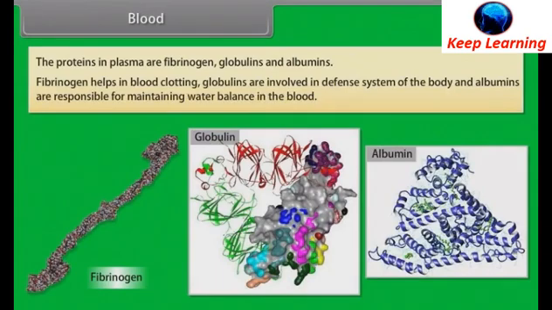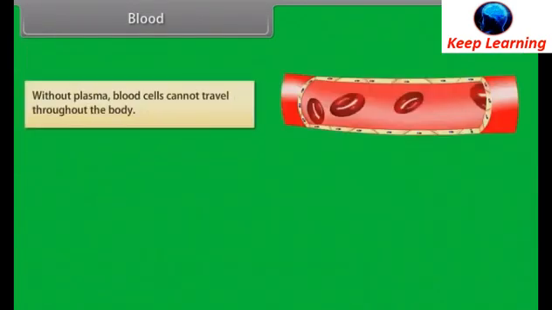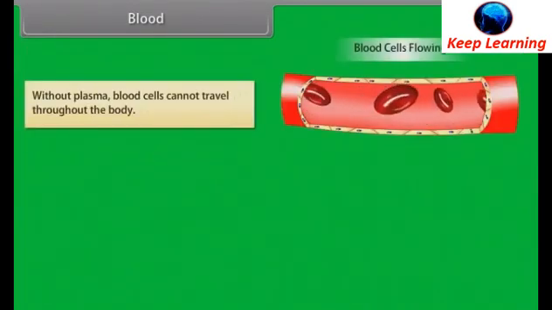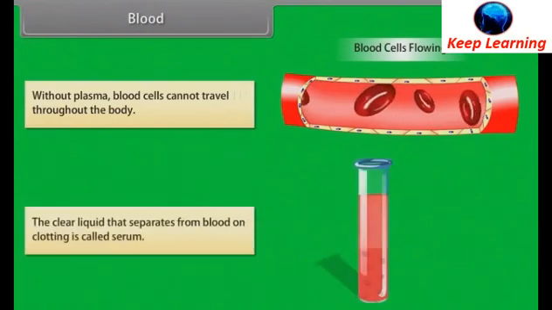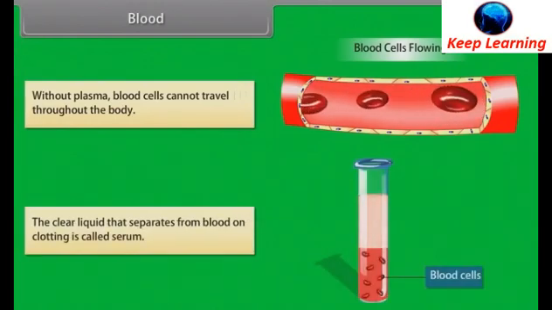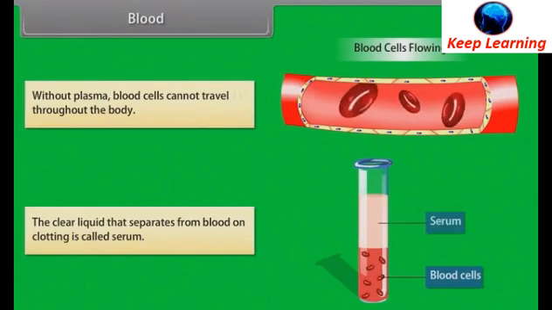Globulins are involved in the defense system of the body, and albumins are responsible for maintaining water balance in the blood. Without plasma, blood cells cannot travel throughout the body. The clear liquid that separates from blood on clotting is called serum.